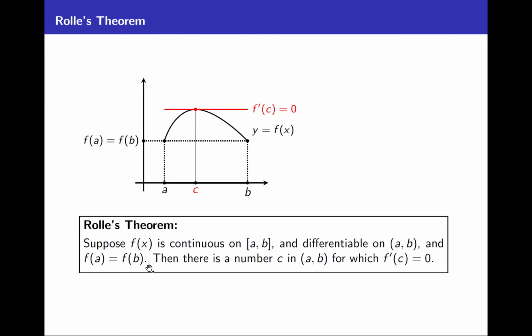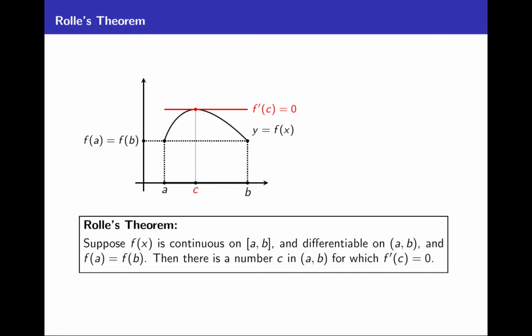Rolle's theorem asserts that under these conditions, there is a number c in the open interval from a to b for which f prime of c equals 0, as shown here. This is totally believable. Your intuition tells you this has to be true, but Rolle's theorem pins it down.